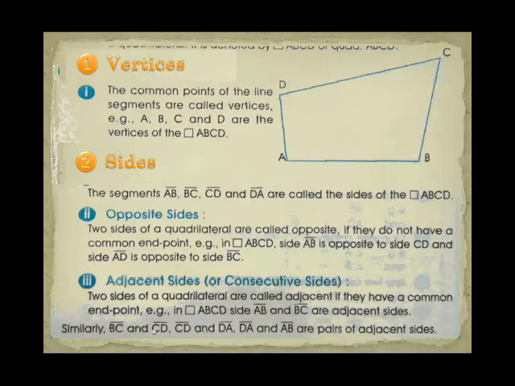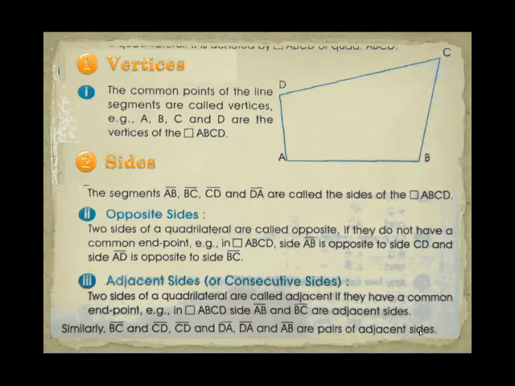And also line CD and DA. Here we have the line C to D and D to A, having D as the common point between line CD and line DA, so they are also adjacent or consecutive sides of a quadrilateral. Now the third pair is line DA and line AB.